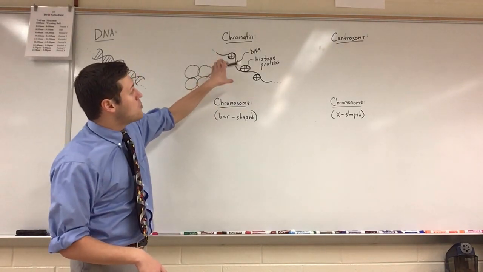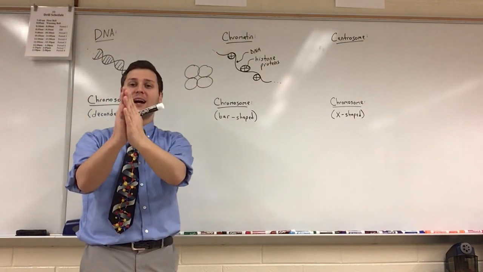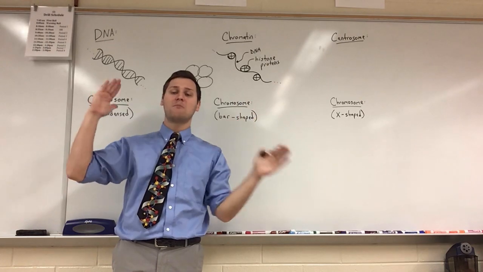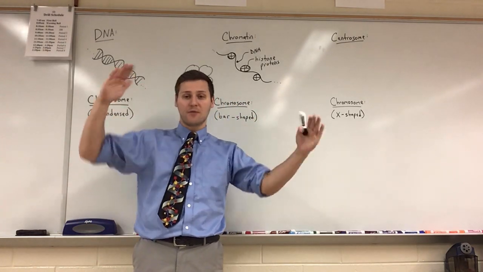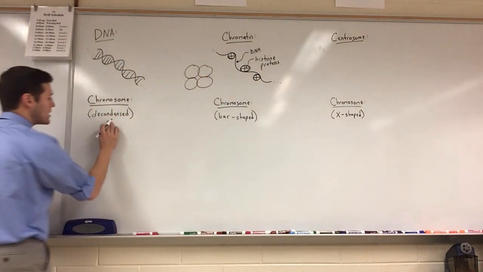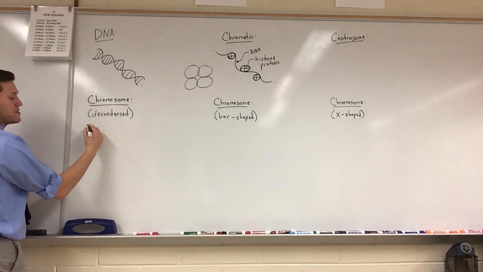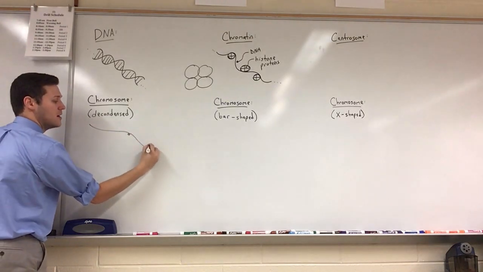Now, if we kind of zoom out from chromatin, and we get the whole DNA molecule, now DNA molecules are pretty long, but get the whole molecule in view, that is a chromosome. So let me draw that over here. A decondensed chromosome looks like this, where we zoom out even more.